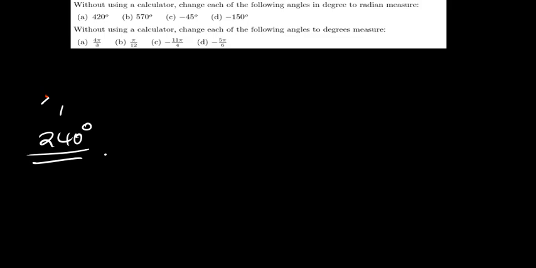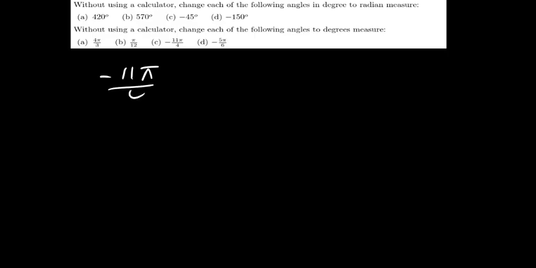Then look at part C, which is negative 11 pi divided by 4 times 180 over pi. Pi should be down because now we are changing this. So pi and pi will go. Then 4 into 18, 4 into 16 is 4.